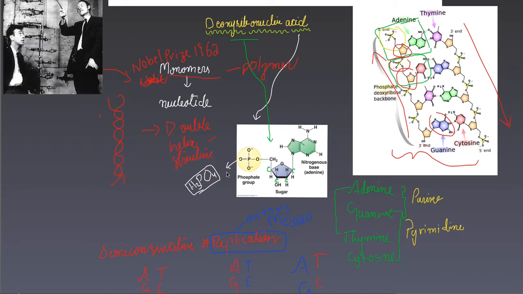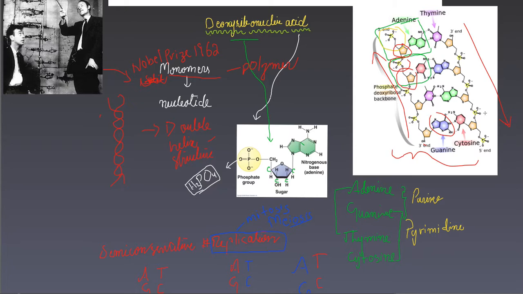Before we start, let's understand some of the terminologies and things you should know in order to begin. As I mentioned in the previous video too, the strands of DNA are anti-parallel, which means one of them is going in this direction and the other one is going in that direction.